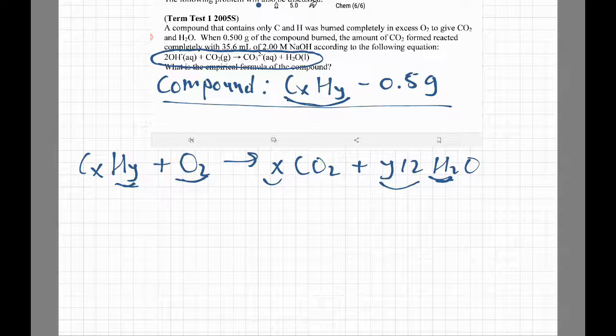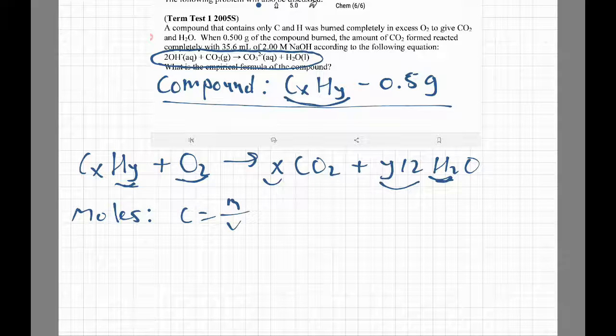So the first thing we're going to do is say that moles of that will just be the volume times the molarity, right? If you remember this equation, C is equal to n over V, where n is moles and V is volume.